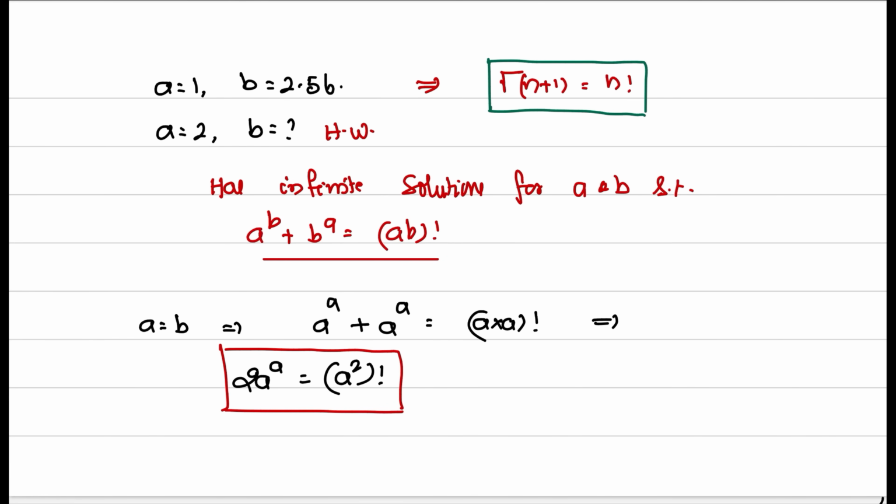What is that solution? If a is equal to b, that implies this will have a solution. a is approximately equal to 1.67.